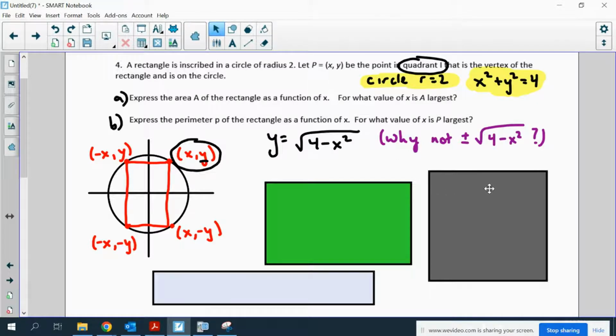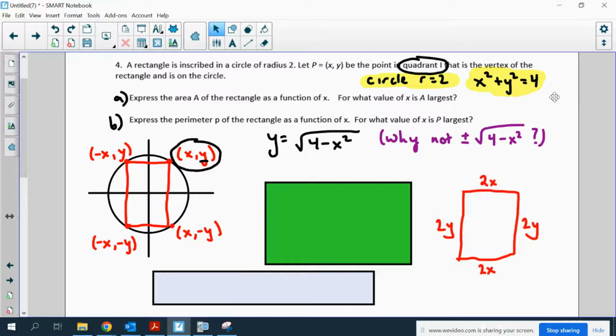So now the next question is, what does this actually look like in terms of a rectangle? Sorry, I drew it like Indiana, or how the picture of the state looks. But if we pretend that I can draw a rectangle properly, what we notice is that if this is x and I travel all the way to negative x, these are both length x, which means the entire side is of length 2x.